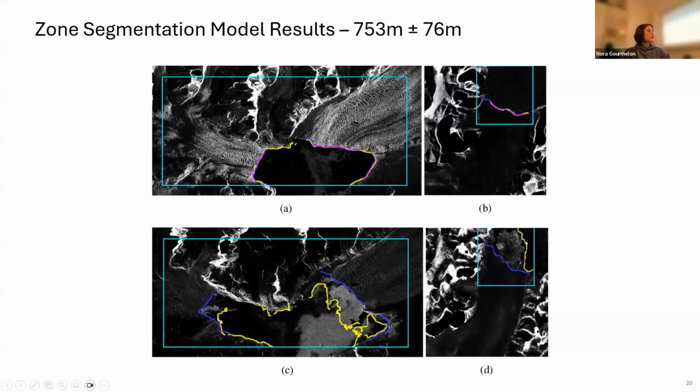And in contrast, here are the results for the zone segmentation model. You can already tell by the metric that the predictions were better with only 750 meters of mean distance error. Again, some good results on top and some bad examples at the bottom.